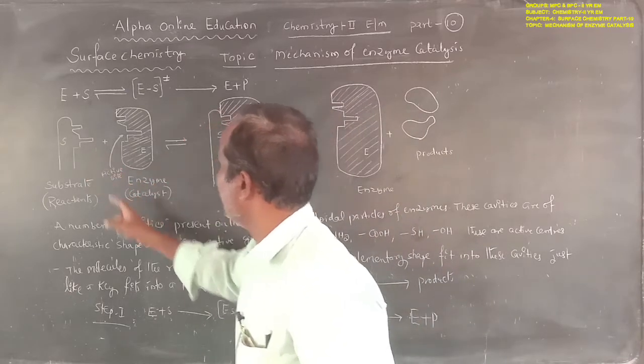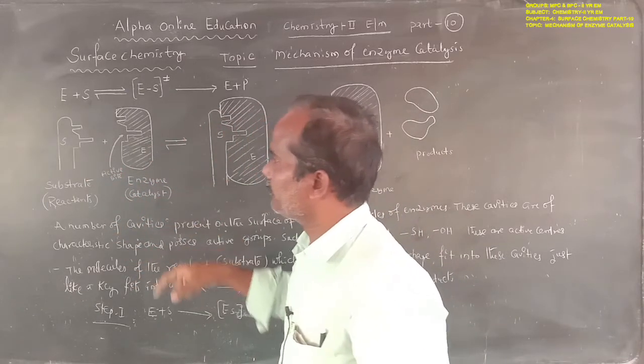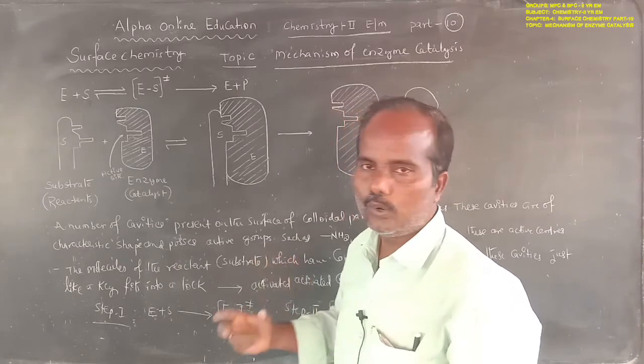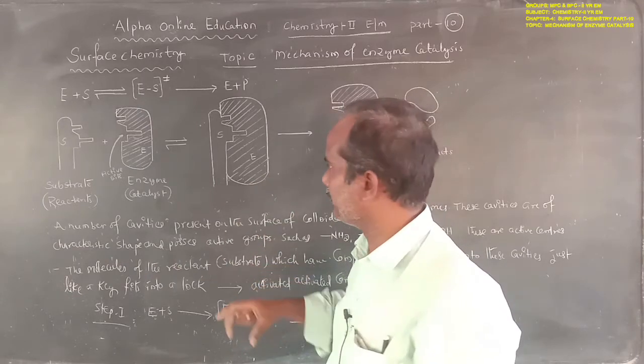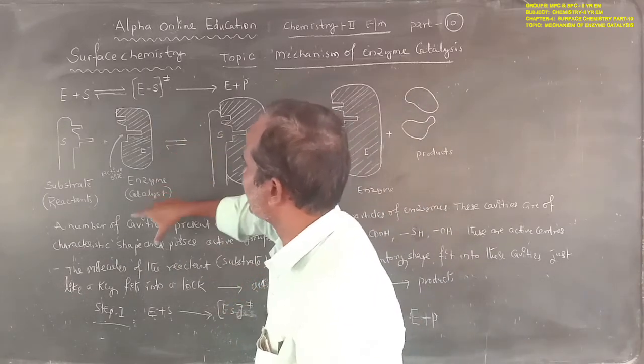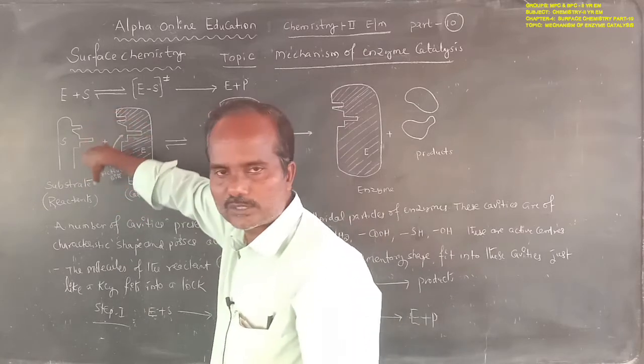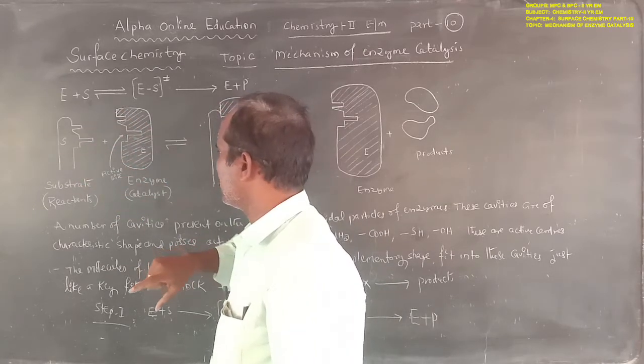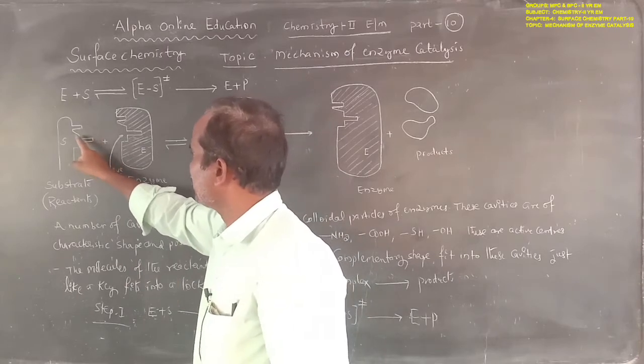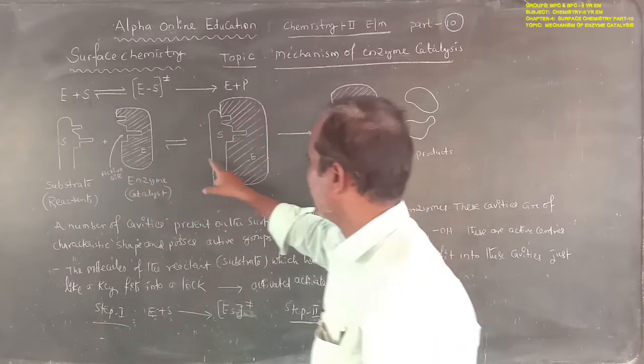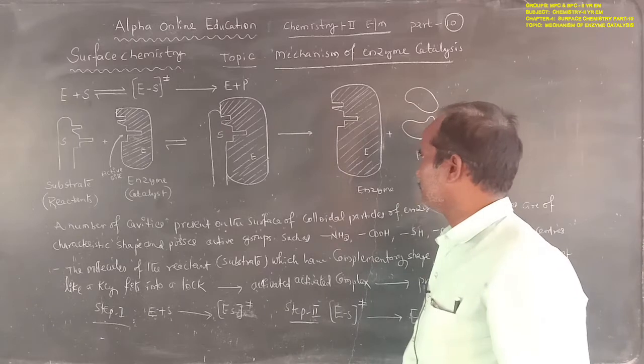Due to this reason only, enzyme catalyzed reactions are highly specific. The enzyme can interact with this kind of substrate only, because of the complementary shape of the substrate. This is the activated complex.